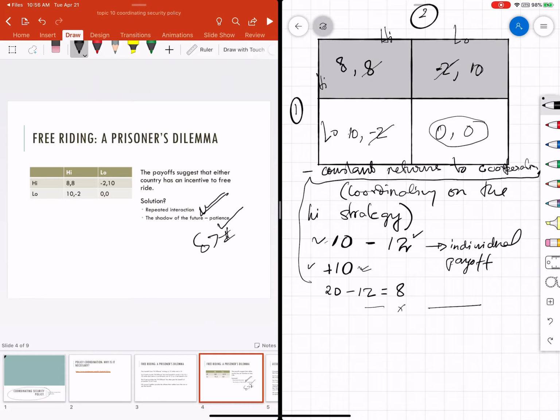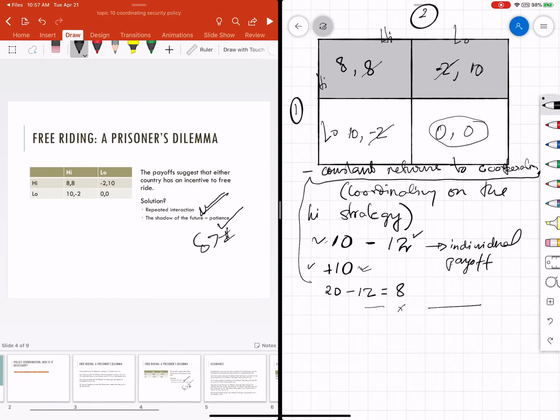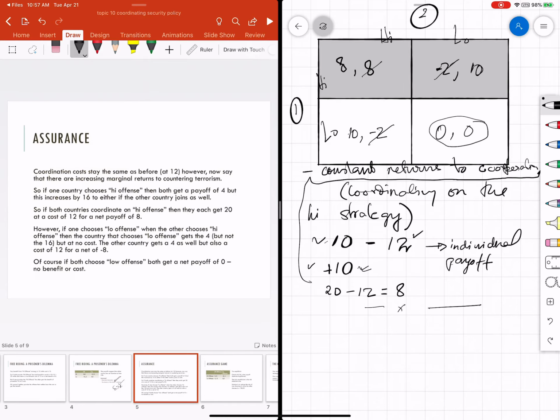So a solution to this kind of coordination problem would be to have a scenario where you have repeated interactions, but the threat of punishment matters, right? So if you have constant returns to cooperation, then the threat of punishment is the way to resolve this coordination problem. But that's not always the case, right?